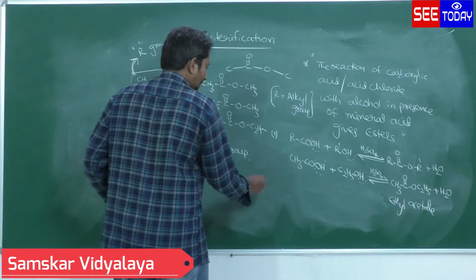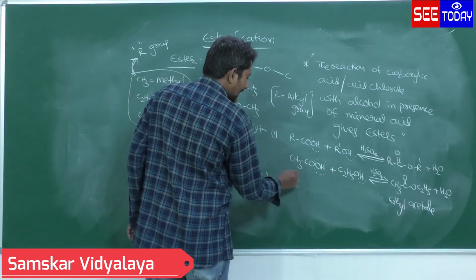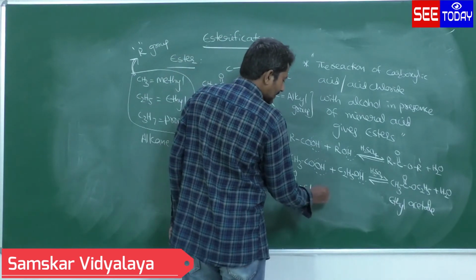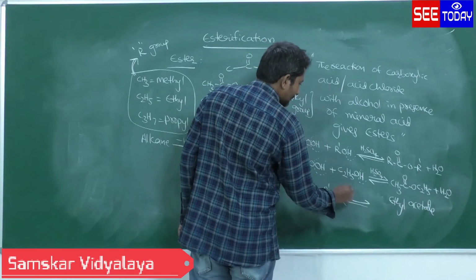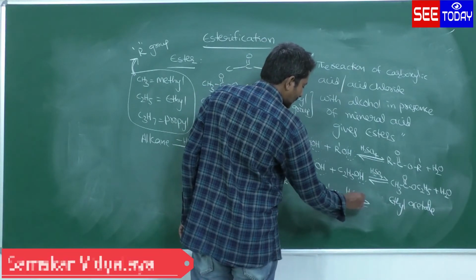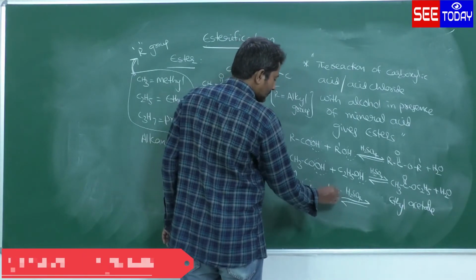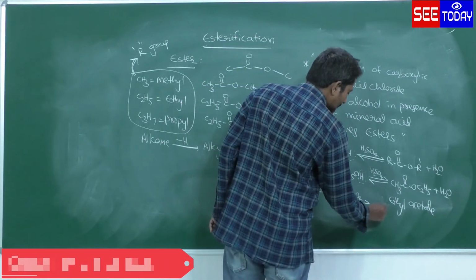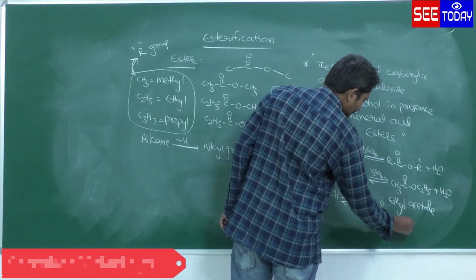Second example. Here I am taking R C double bond O Cl, an acid chloride, plus alcohol R prime OH, in the presence of H2SO4. Here Cl and hydrogen are both eliminated, and it gives R C double bond O R prime plus HCl.